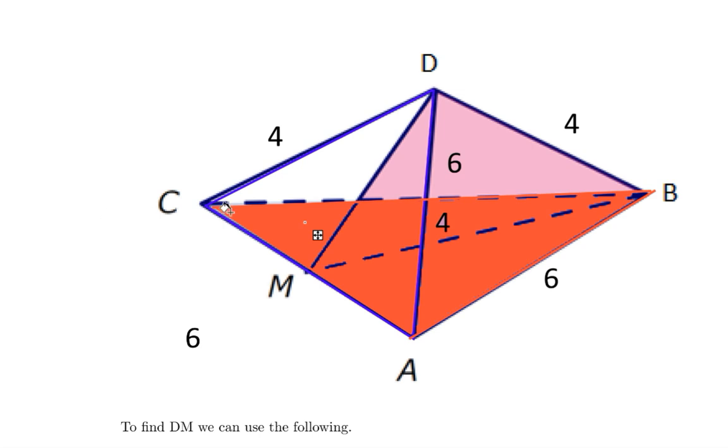Now let's continue. What I will do is recognize that this blue plane includes this line, DM. So I'm going to take this blue plane, and I say that it's going to include that line, DM. I can very quickly represent it as multiple lines so that we can better see this blue plane.